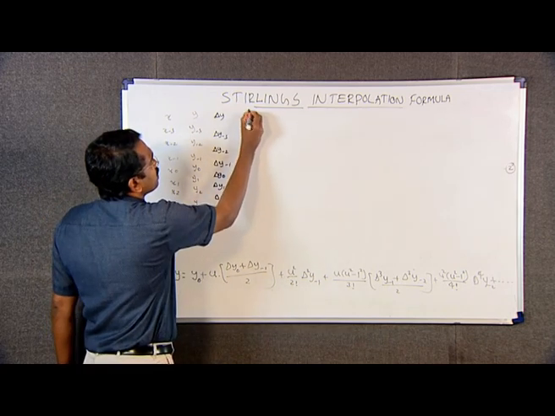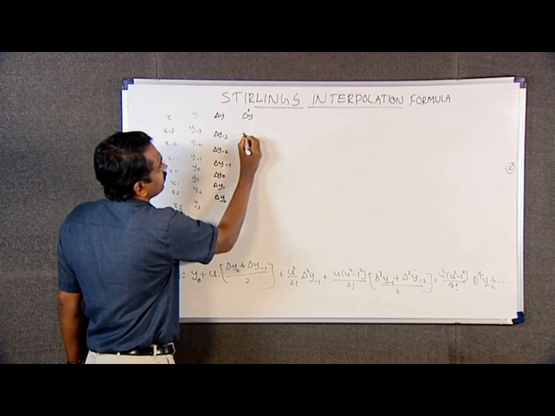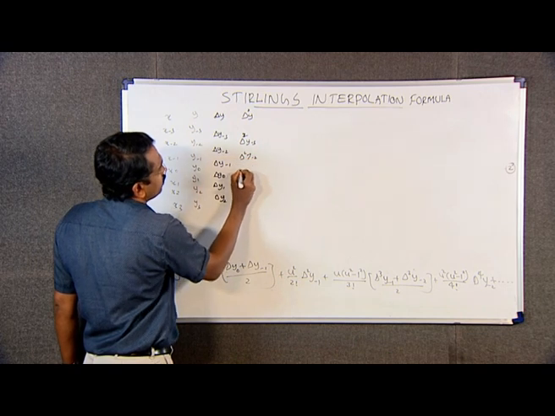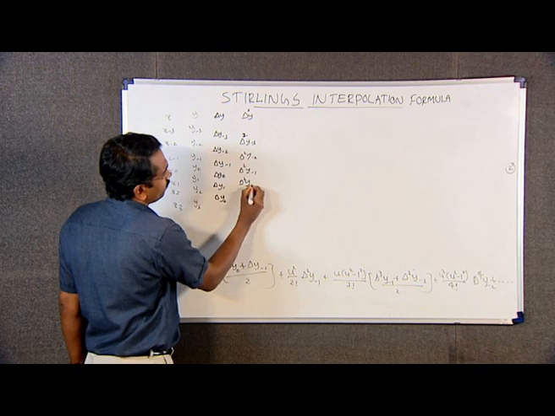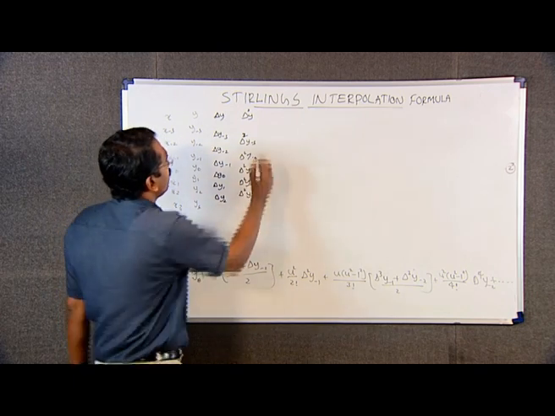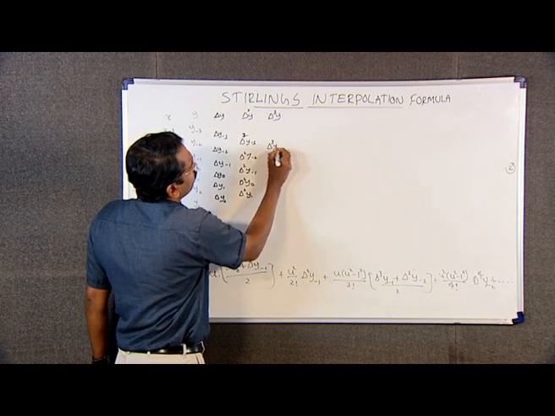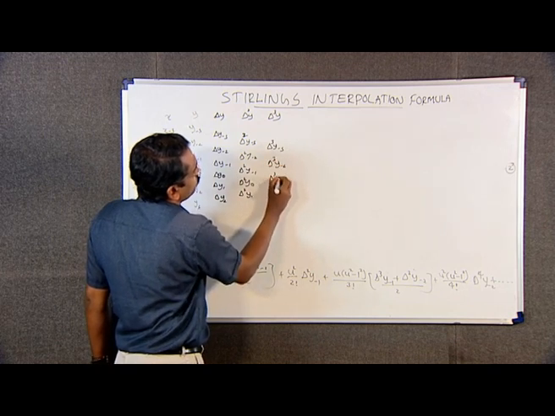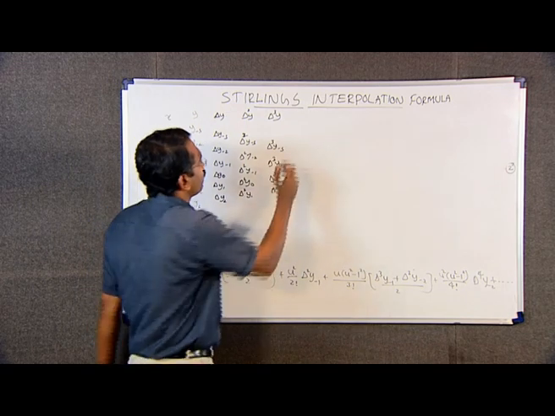The second differences are delta square y minus 3, delta square y minus 2, delta square y minus 1, delta square y naught, delta square y1, and the third differences are delta cube y minus 3, delta cube y minus 2, delta cube y minus 1, and delta cube y naught.